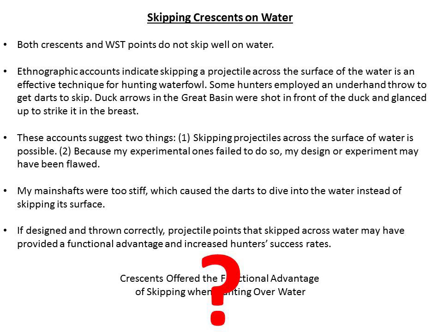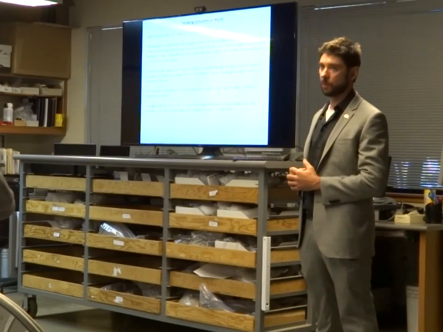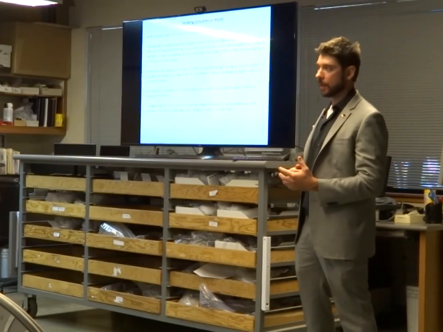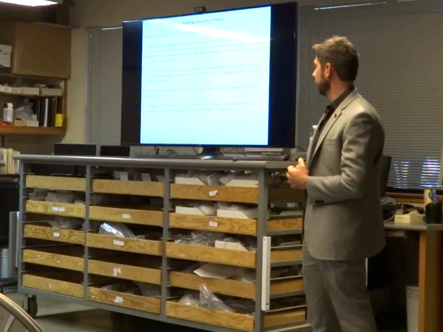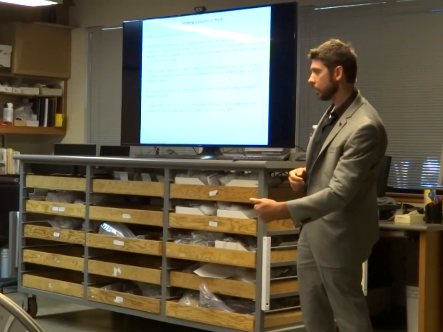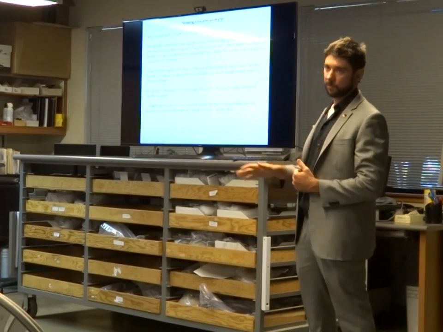For skipping, both the crescents and the western stem points do not skip. However, ethnographic accounts indicate skipping a projectile across the surface of the water is an effective technique for hunting waterfowl. Inupiat and Yupik hunters would do an underhand throw, and they could get a dart to skip up to 25 meters.